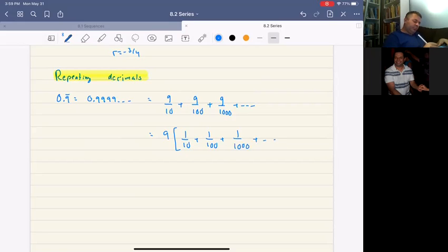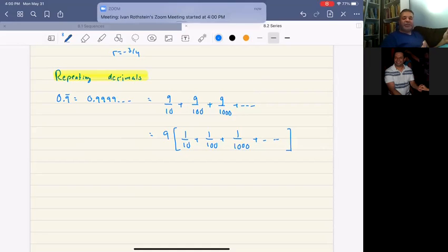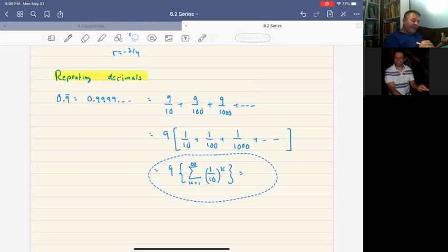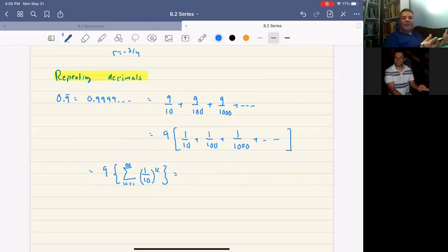Now we have a geometric series. This is from 1 to infinity, 1/10 to the k. All right, I can pull out the 1/10, like I normally do. But what I'm going to do is let's use the first term divided by 1 minus the ratio.